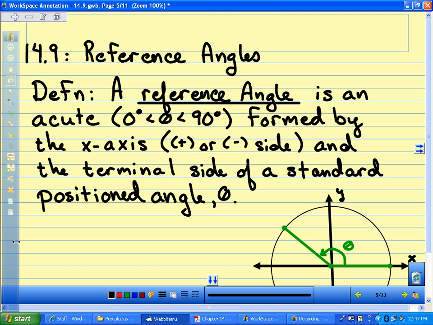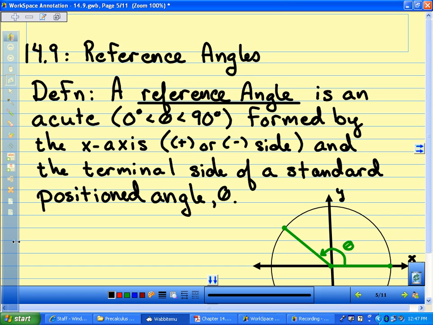This whole chapter is vital to our further understanding of trigonometry. So it makes sense that everything in Chapter 14 is going to be very important to carry on with. Reference angles would be at the top of the list.